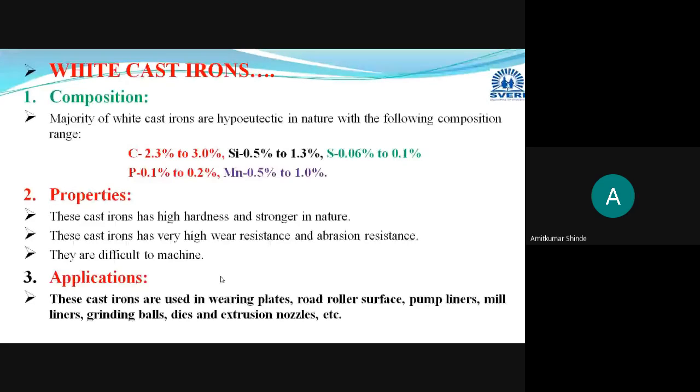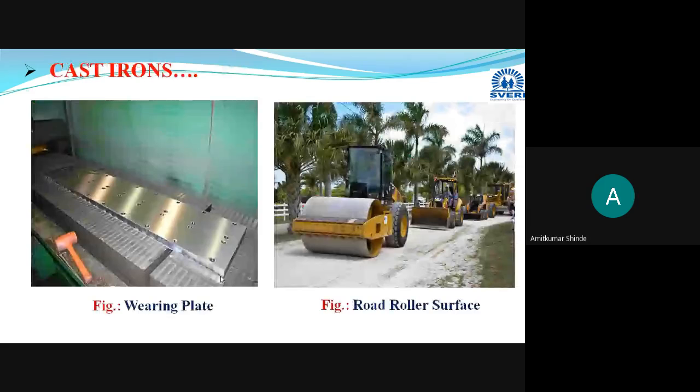Now some of their applications. White cast iron materials are used for manufacturing wearing plates, road roller surfaces, pump liners, mill liners, grinding balls, and different extrusion dyes and nozzles. For that, you can use white cast iron. Some pictures I have taken here.